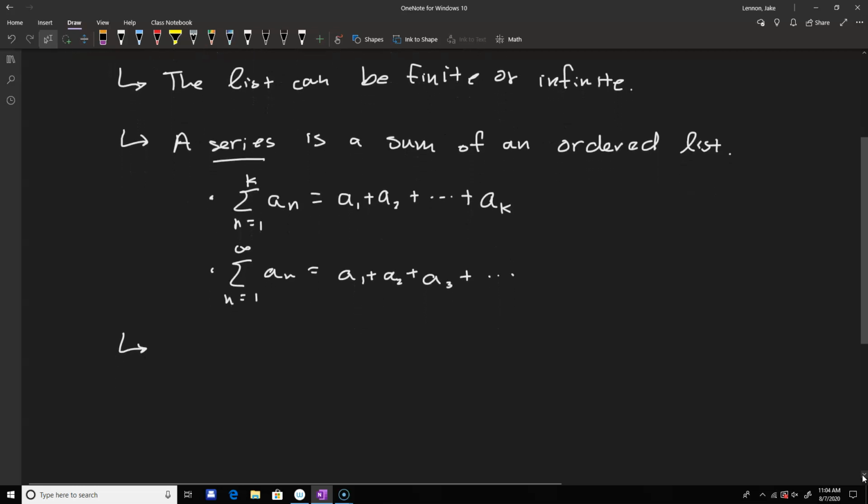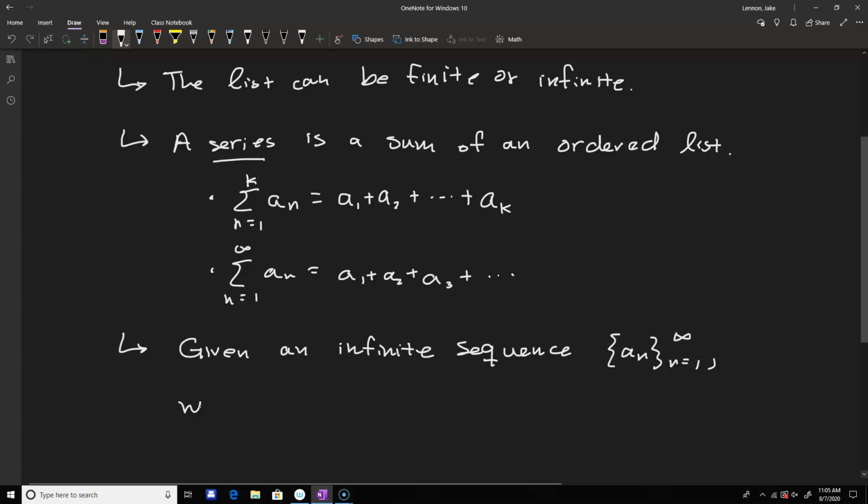So given, let's say, an infinite sequence, a sub n going from, say, n equals 1 to infinity, we can associate to it a sequence of partial sums.